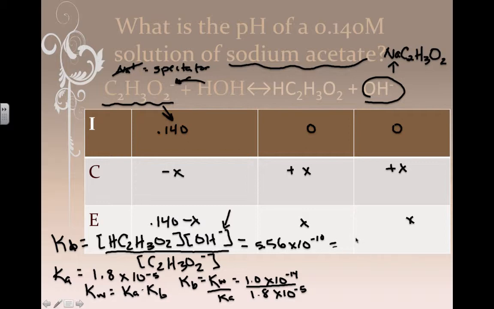And that we get from our equilibrium expression here, x squared over 0.140 minus x. And I can safely say that this x is too small to make any difference because 10 to the minus 10 is a really small amount. So I can use the small x assumption to solve for the value of x.